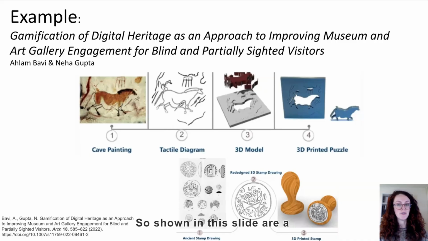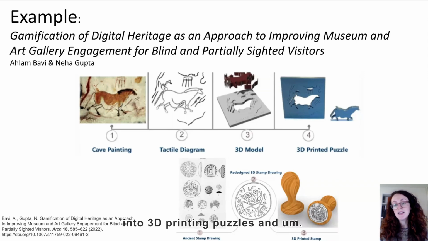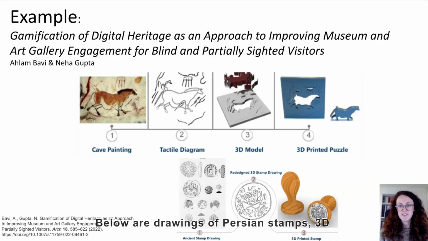So shown in this slide are a few examples they created. On top are cave paintings from northern Spain turned into 3D printing puzzles. And below are drawings of Persian stamps, 3D rendered and printed as a tactile stamp.